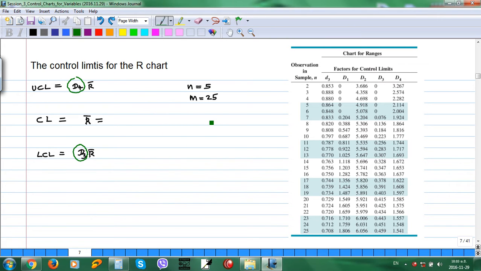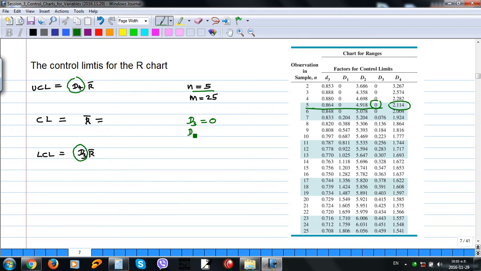Since n equals 5, you can find d3 from the table. For n equals 5, d3 is 0, and d4 equals 2.114.